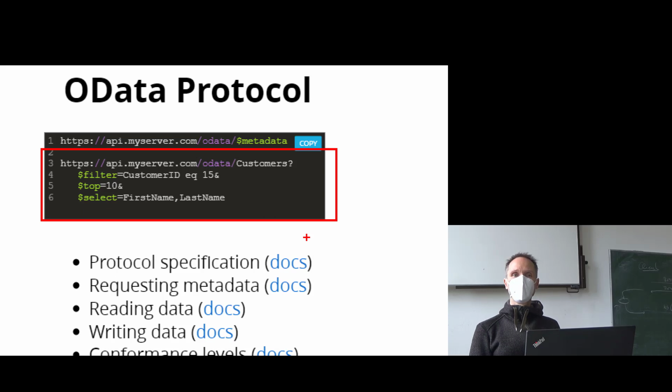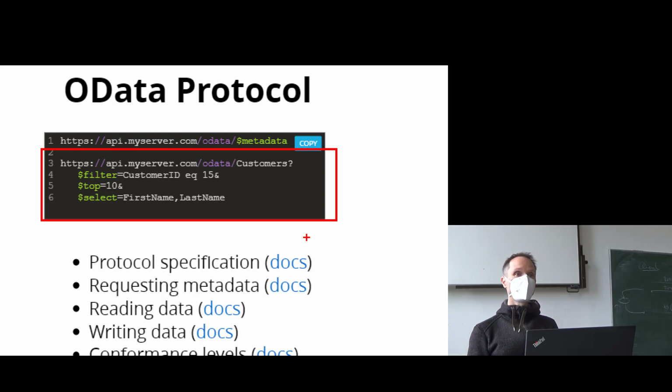You can say equal, not equal, greater than, lower than. You can work with dates and string operations like starts with and contains and all this stuff. You can do paging, give me the first 10, jump over the first 10 and give me the next 10, something like this. You can project, so you don't need to return all the columns. You can say, give me just these columns, and it can do a lot more.